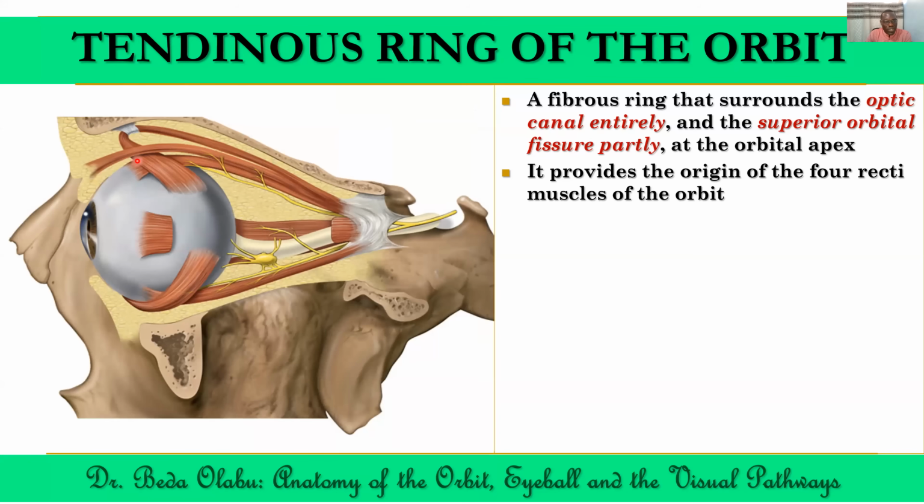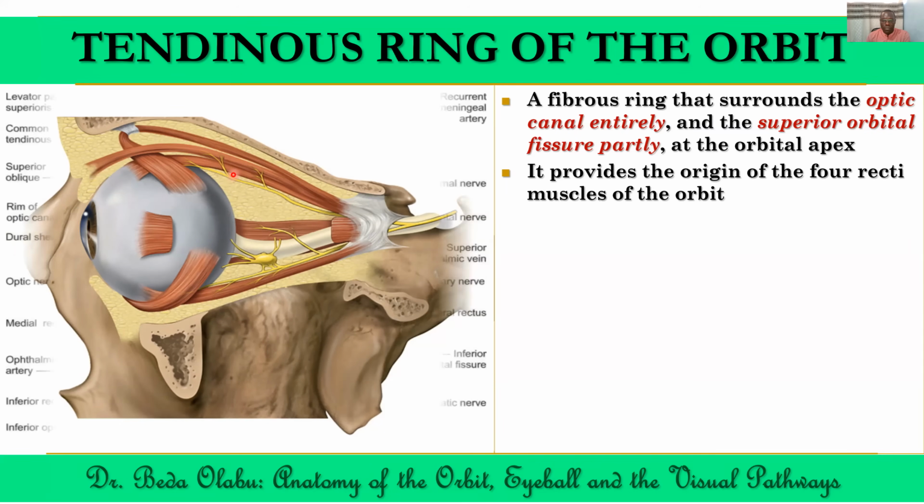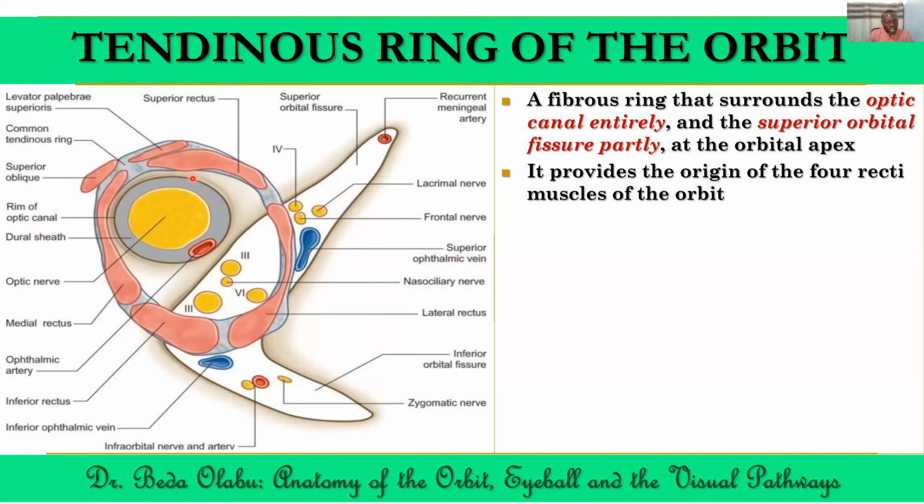This image shows you again that tendinous origin towards the apex of the orbit with inferior rectus, perhaps medial rectus, this lateral rectus, and superior rectus. This image also captures for you that anatomy.